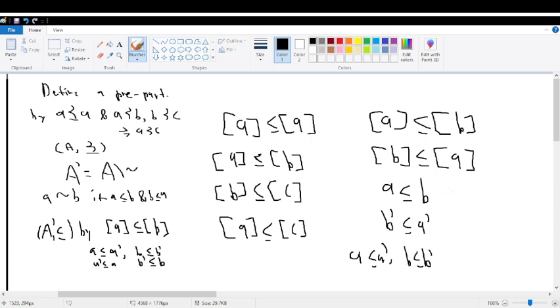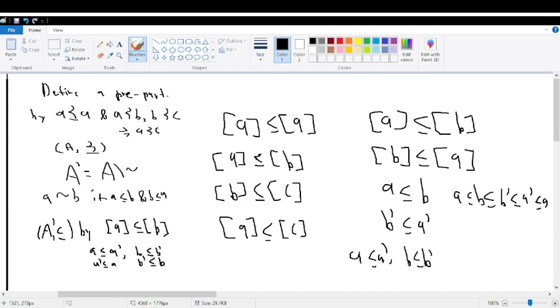So we then have that A is less than or equal to B, is less than or equal to B prime, is less than or equal to A prime, is less than or equal to A. So we have A is less than or equal to B prime.